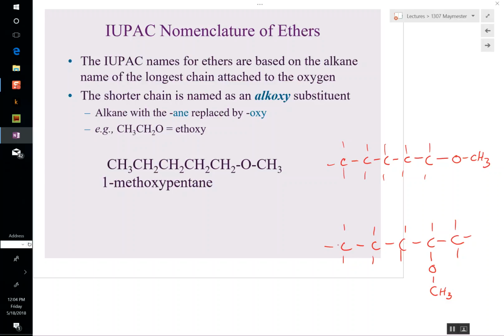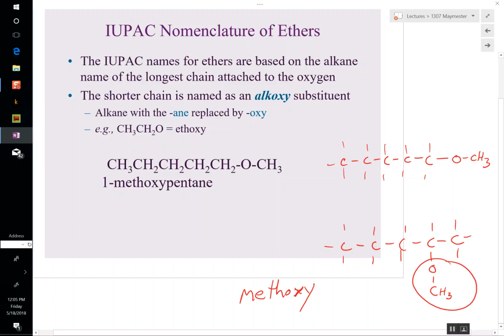Where is that carbon-oxygen-carbon bond? And so what we do now in this case is we talk about this as a substituent. And it's not a methyl group, it's a methoxy. This is a methoxy group.